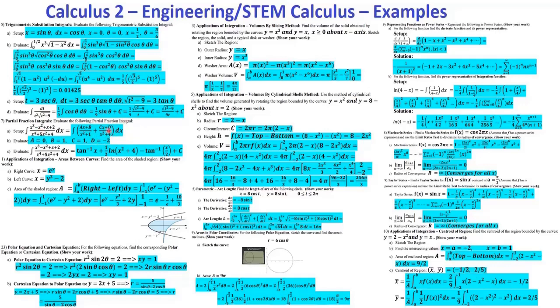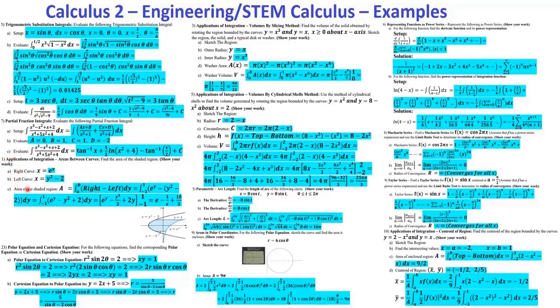Then this can be written as the partial fractions (ax plus b) over (x squared plus 1) plus (cx plus d) over (x squared plus 4). Then you integrate this, you find the values of a, b, c, and d. Then the integration of this is tan inverse of x plus half ln of x squared plus 4 minus tan inverse of x over 2 plus C.